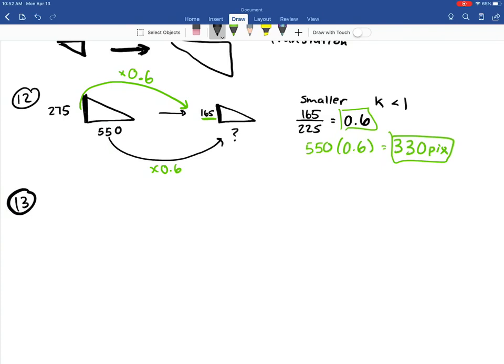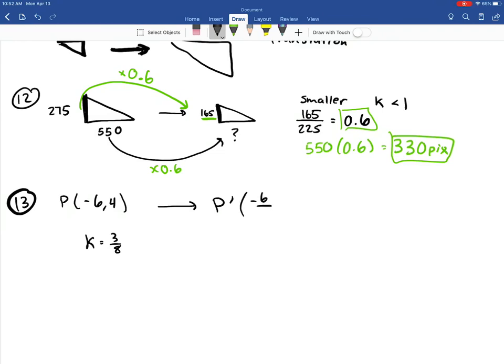Number 13. Let P be -6, 4, a point on the rectangle PQRS. What are the coordinates of P prime if I'm dilating by a scale factor of 3/8? Okay, well, just to review, whenever we do a dilation, we multiply each of the coordinates by the scale factor.